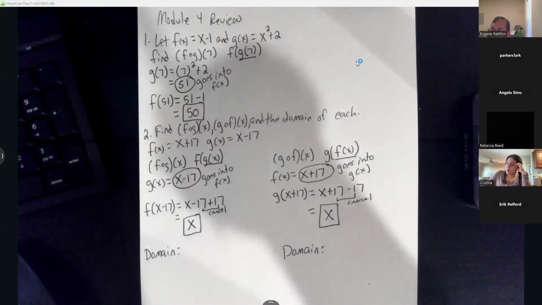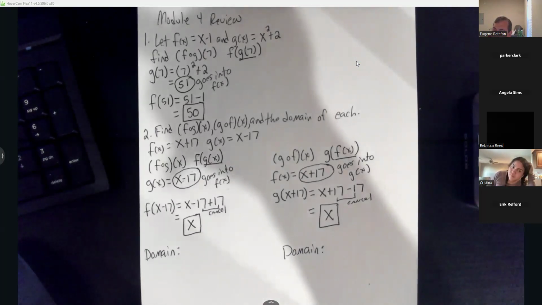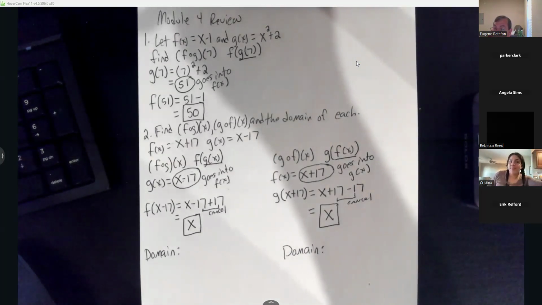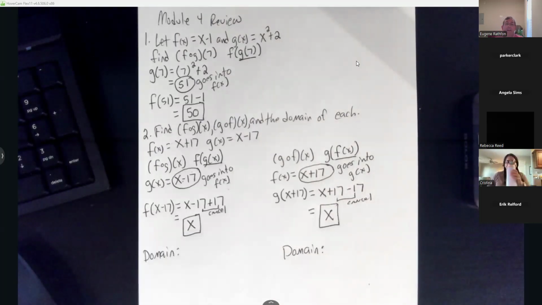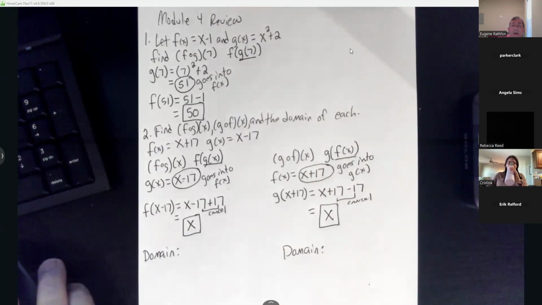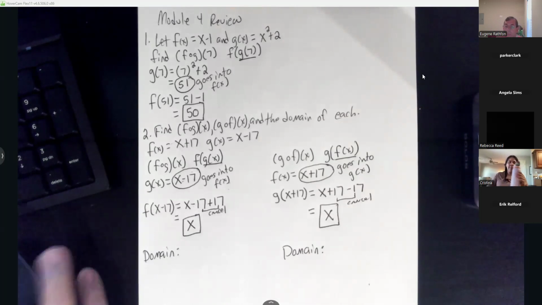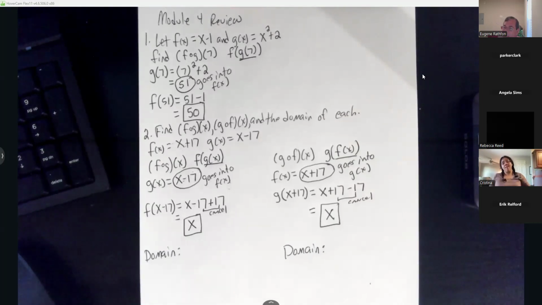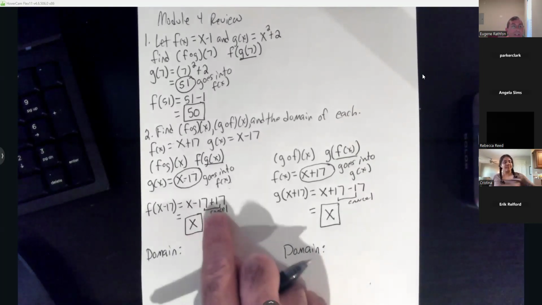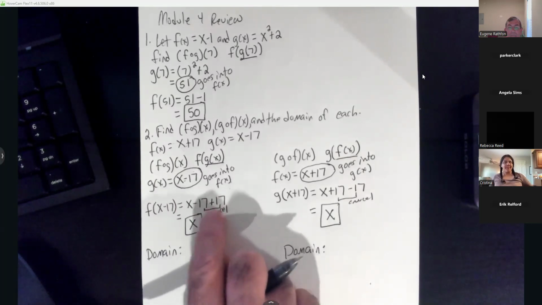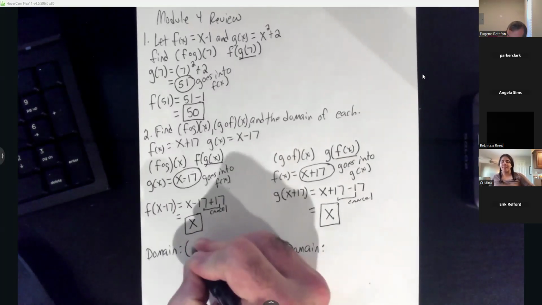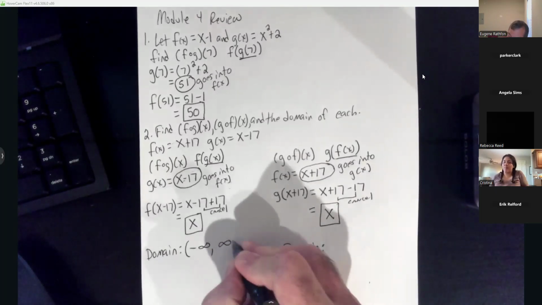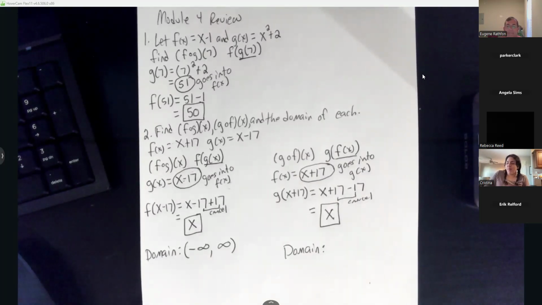And if y'all remember, what's the only thing we're really worried about on a domain? And that's those fractions, right? And really the only thing we're worried about is the denominator. Well, y'all, we don't see no fractions in these functions here, so that domain will be from negative infinity all the way to positive infinity.